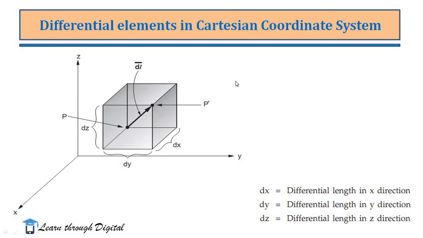A new point P dash is obtained having the coordinates x plus dx, y plus dy, z plus dz. That means dx is a differential length in the x direction, dy is the differential length in the y direction, and dz is the differential length in the z direction.